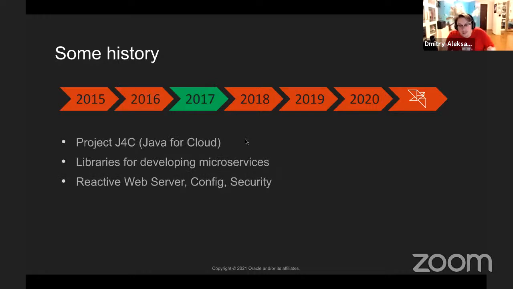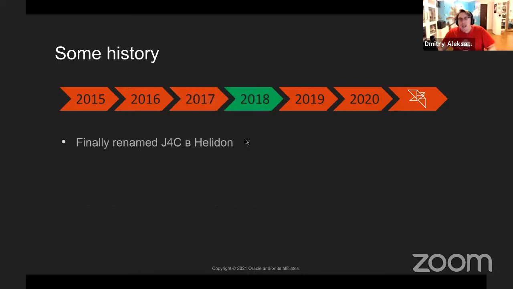In 2017, it became J4C. It was really a set of libraries with some reactive web server and some security configs in it. Actually, this is the foundation of Helidon SE. We will see more about Helidon SE in the coming slides. In 2018, already about three years ago, it was renamed to Helidon.